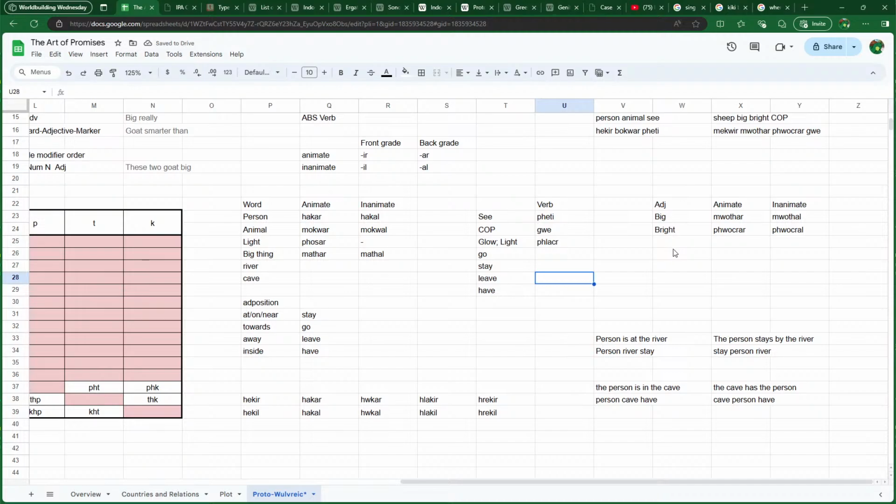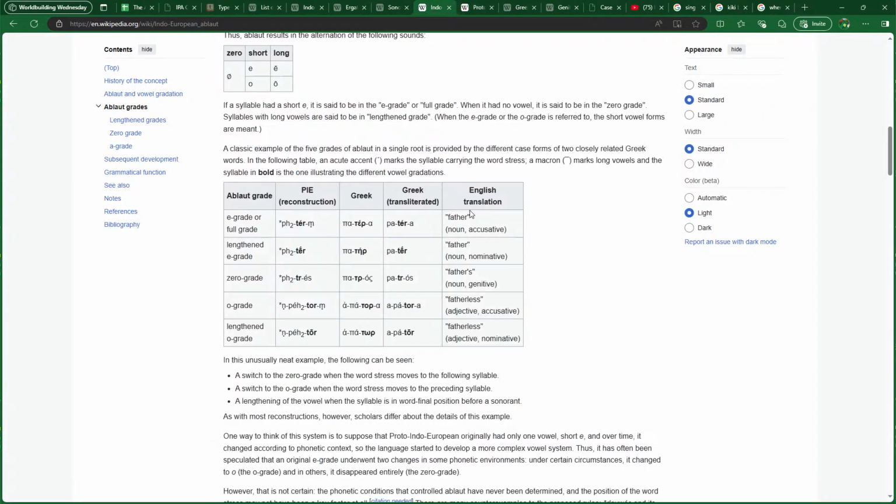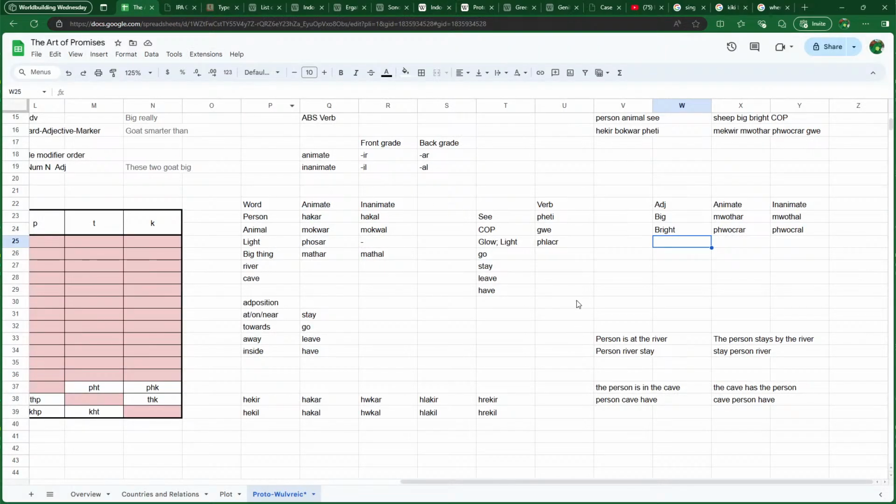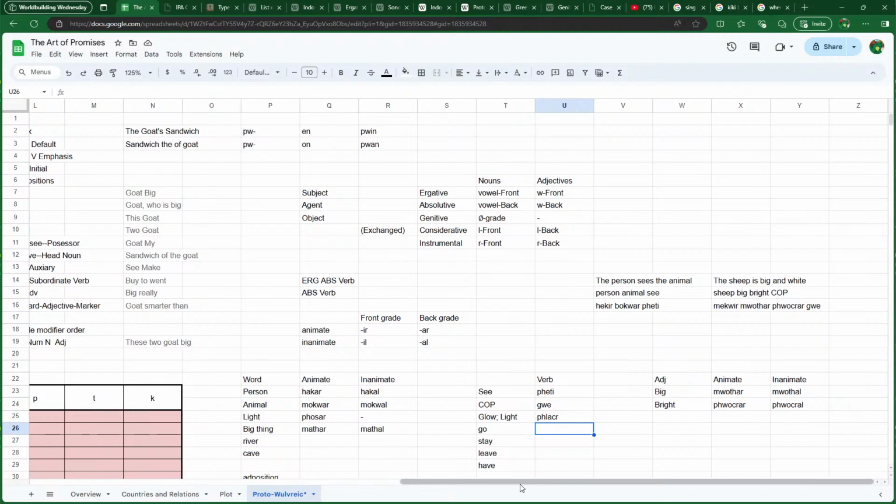And then adjectives for a river adjective form. Fatherless, adjective. I think we will determine this next time.